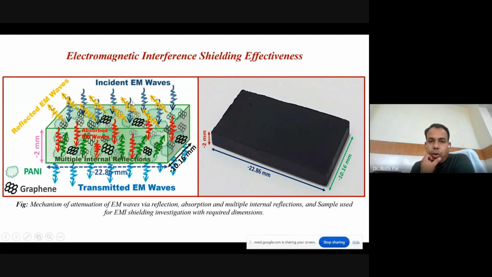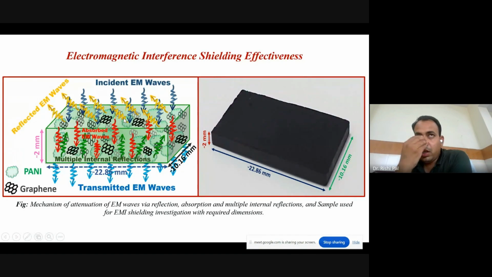When it falls on a material, some part is reflected, some part is absorbed, shown in red color, and only a few parts will be transmitted. The major part should be absorbed, and some part reflected.